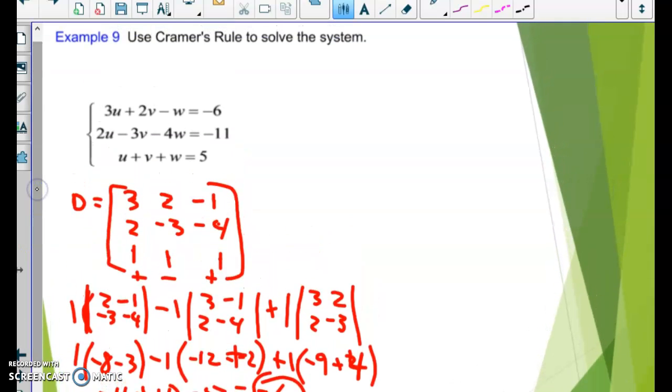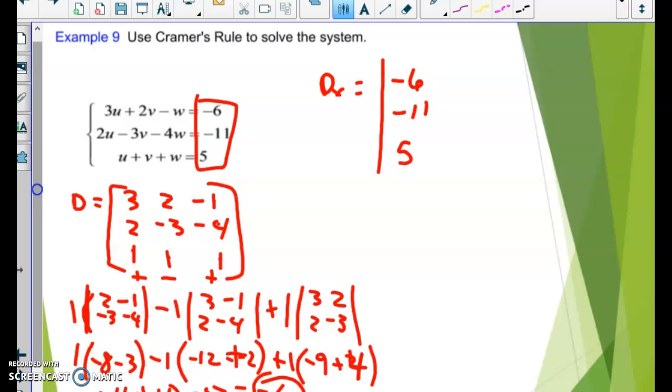We have to replace with the number answers in the X row, in the Y row, and in the Z row. So I'm going to do that with my matrix. Here's my D sub X matrix: negative 6, negative 11, 5, and then I'm going to keep the other ones the same. So 2, negative 1, negative 3, negative 4, 1, 1.